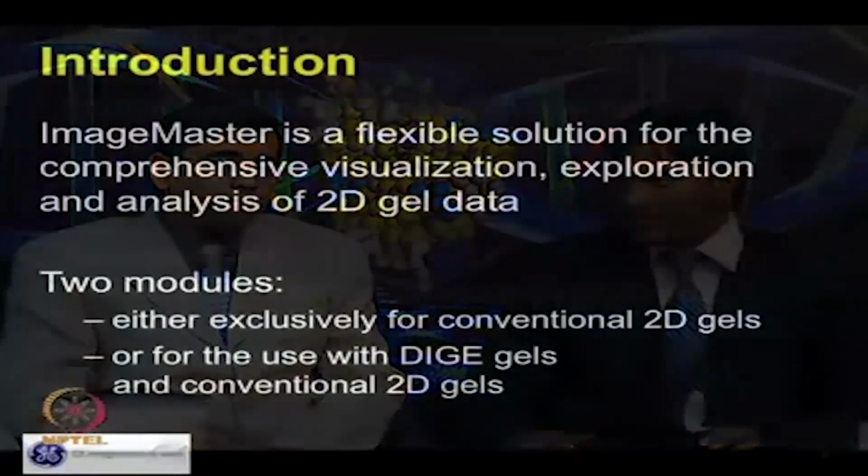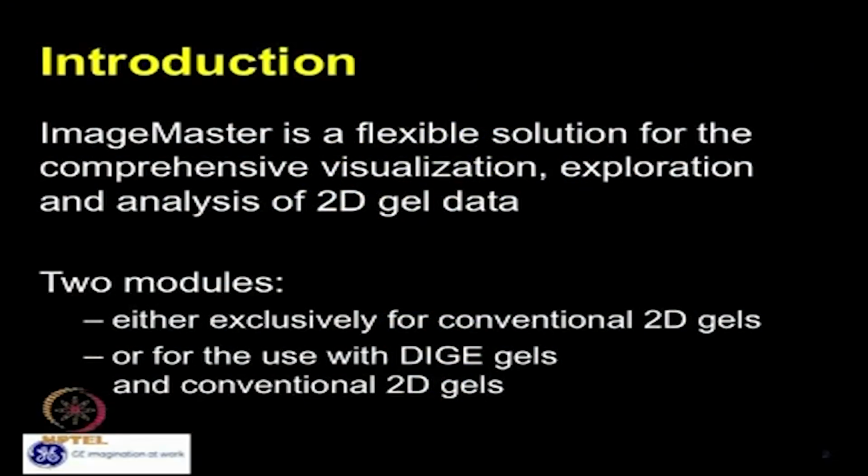Two modules are available in the software. The first one is Image Master 2D Platinum, and within this we have another module, Image Master Platinum, which is enabled for the DIGE application also. So, it means the same software can be used for traditional or regular two-dimensional gels, as well as for advanced techniques such as difference gel electrophoresis.